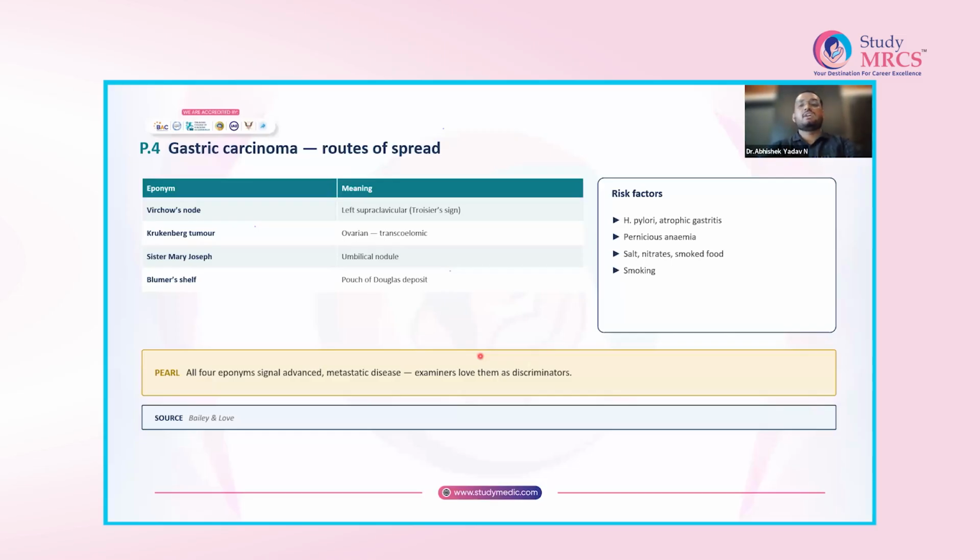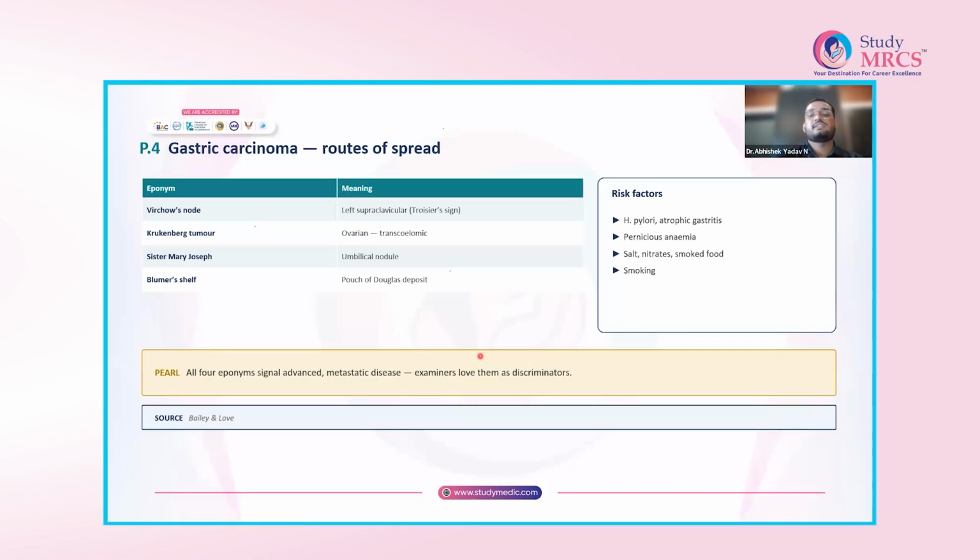Okay, then if they infiltrate the surrounding skin and involve in and around the umbilicus to form nodules, then it's called a Sister Mary Joseph nodule. And then if it gets deposited in the pouch of Douglas, then it's called Blumer's shelf. Okay, so these are certain eponyms for the spread of gastric carcinomas.